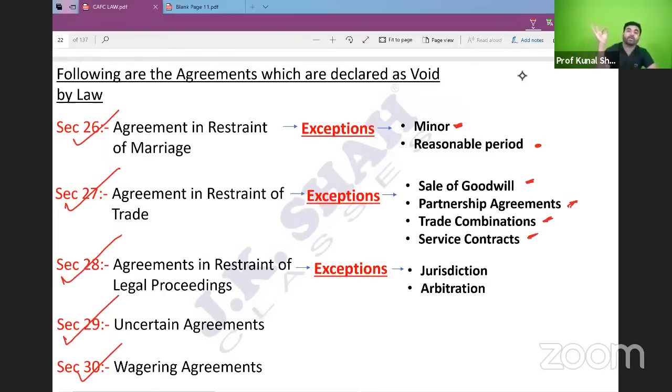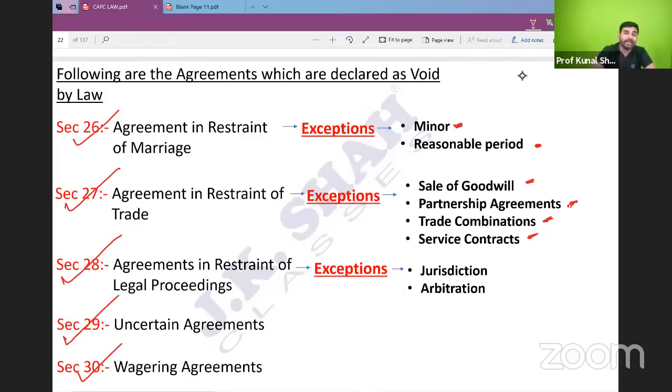But if it is a case of sale of goodwill, or partnership agreement, or trade combination, or service contracts, then the agreement wherein you have stopped a person from doing trading activities will be considered valid in nature. Generally not allowed, but in exceptional cases allowed.